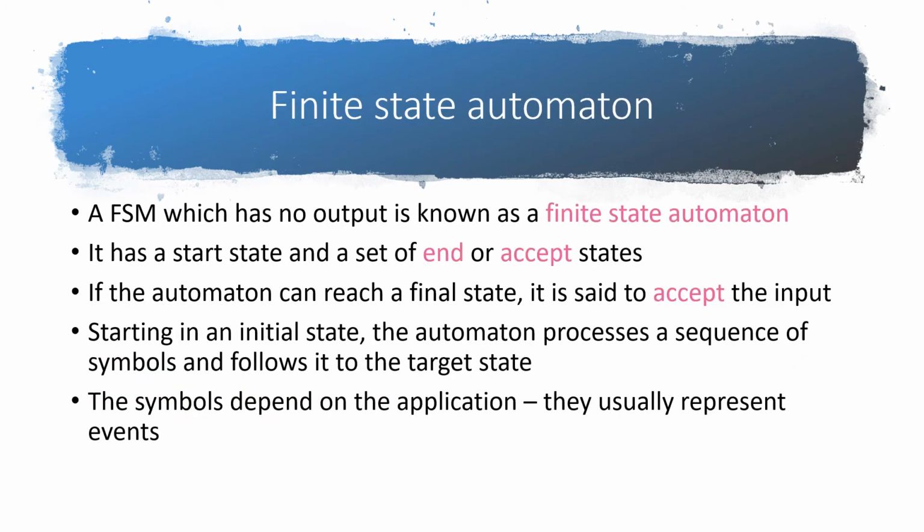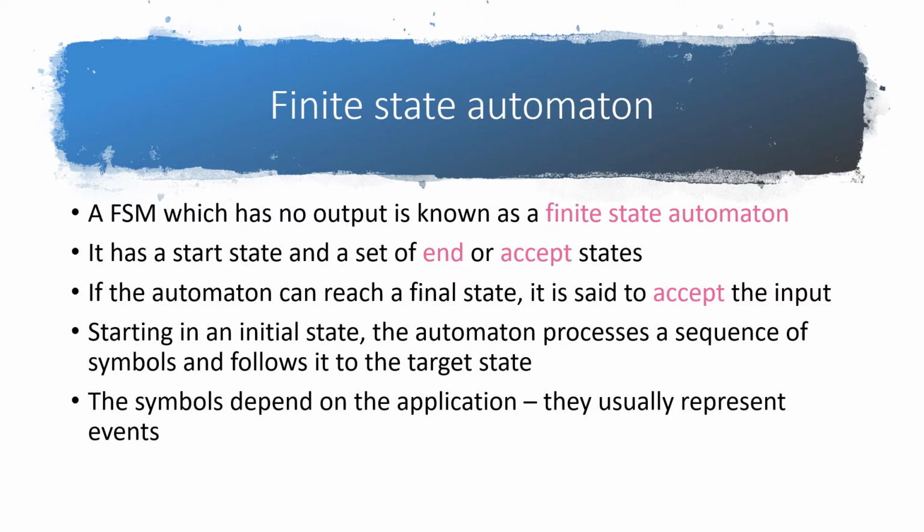There are two types of finite state machine. The first one we're going to look at has no output, and this is called a finite state automaton. What we have is a state that is labeled as the start state, and a state which is labeled as the end or the accept state.